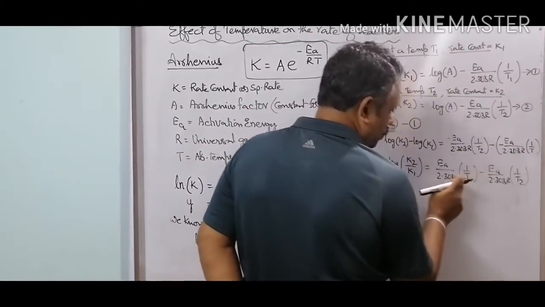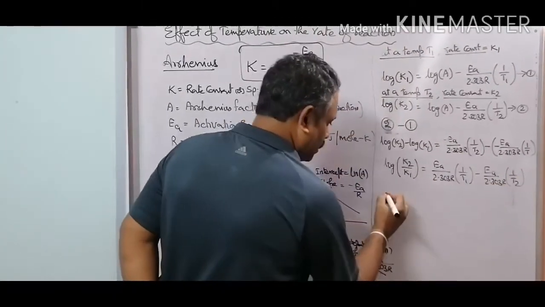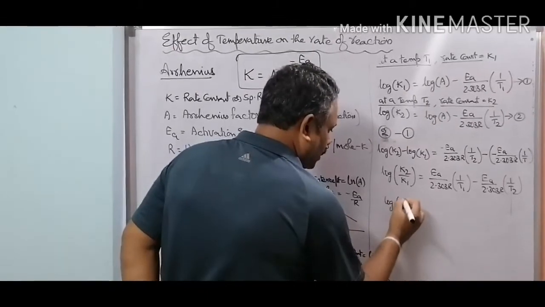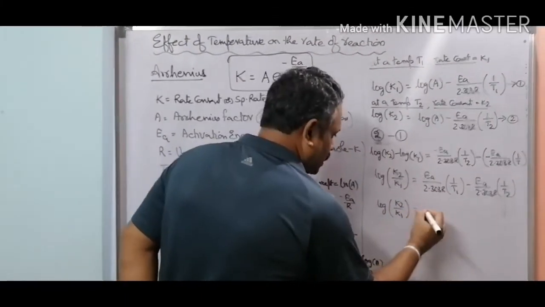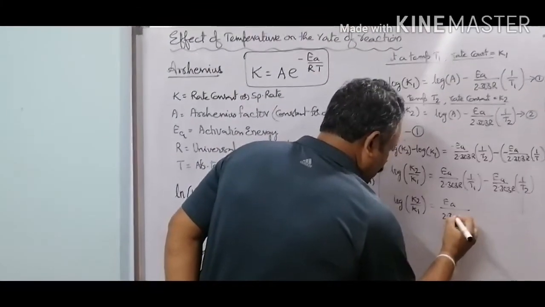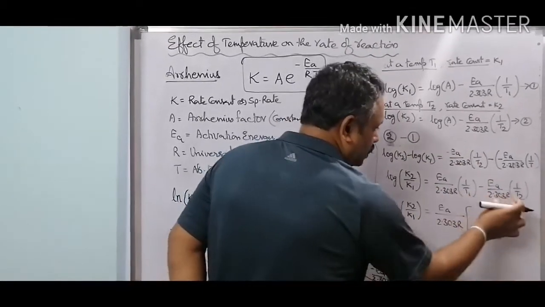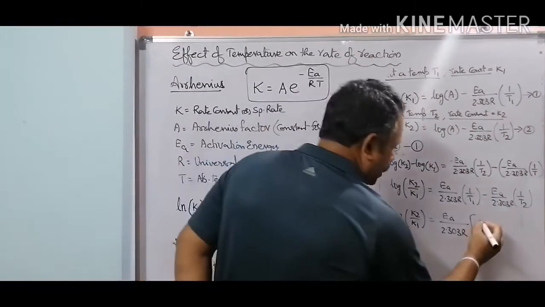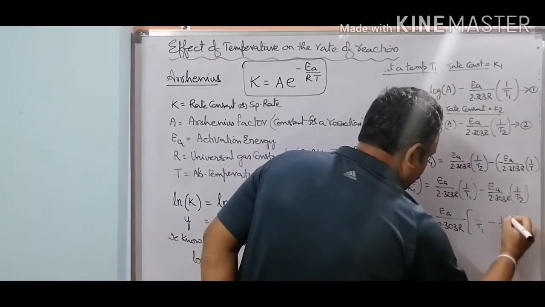This term became positive, so I brought it ahead, and this is still negative, so I send it to the other side. So on further simplification, you can write the final format of this equation as EA by 2.303 R into, taking out 2.303 R common, it is 1 by T1 minus 1 by T2.